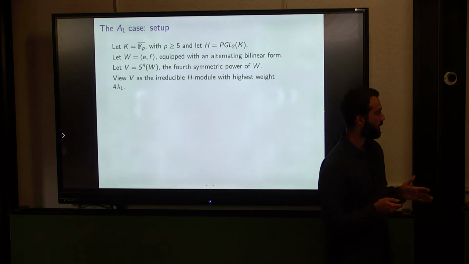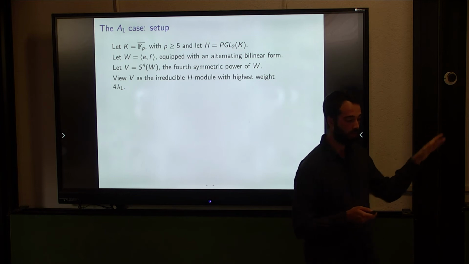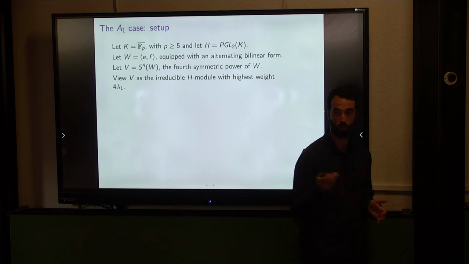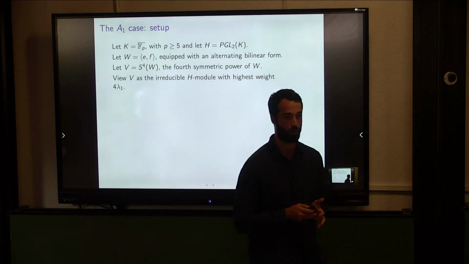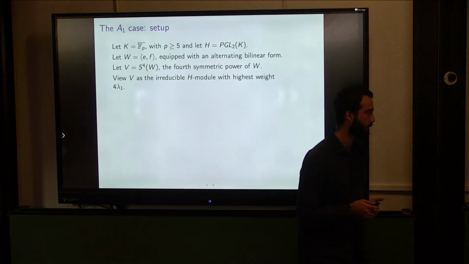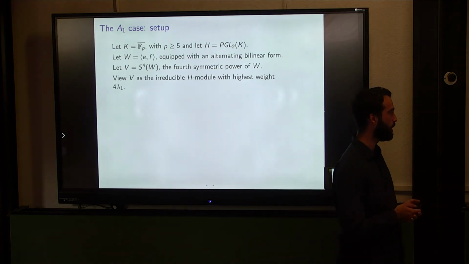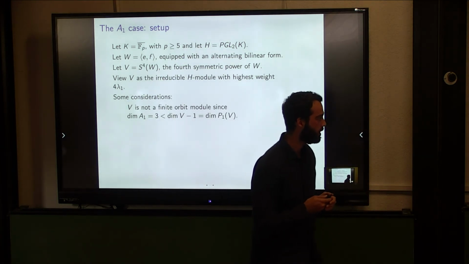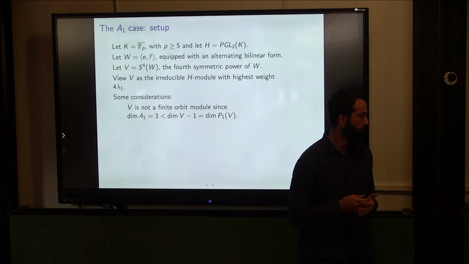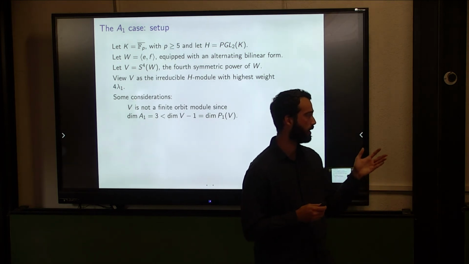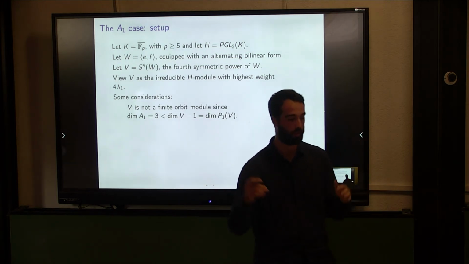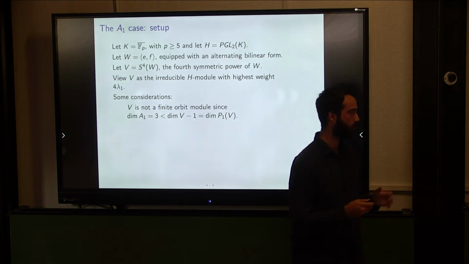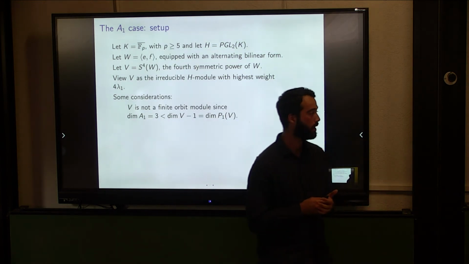So at this point, you can view this V as an irreducible H-module with highest weight 4λ1. So this is a 5-dimensional irreducible module for A1. We can do some considerations here. The dimension of A1 is 3, and the dimension of the variety of all 1-spaces, as I said, is just the dimension of the module minus 1, that's 4.